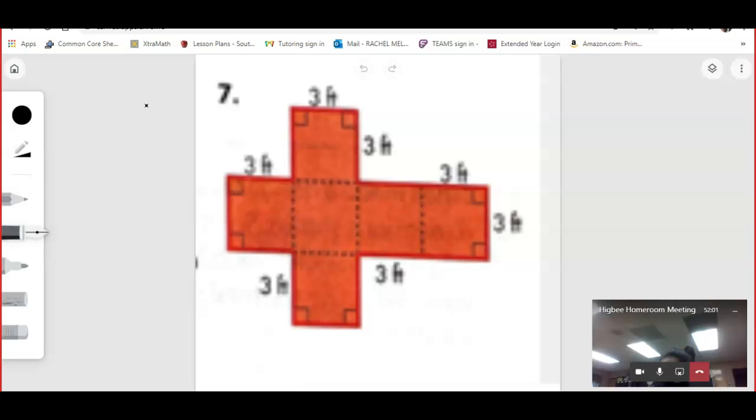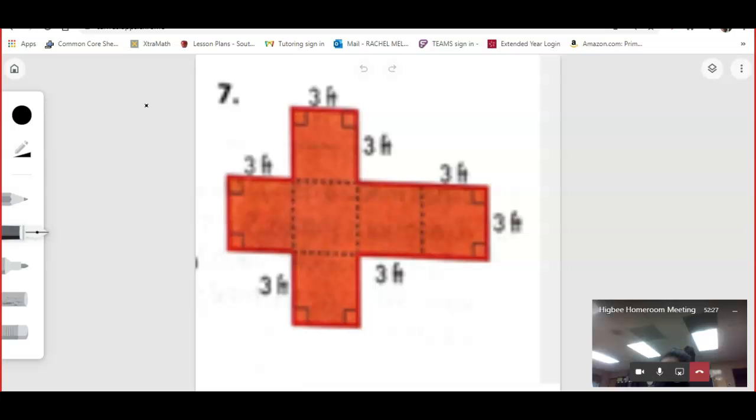Do I have to find the area of every single square and add them up? Nope. Okay, if I find the area of one square, can I multiply that times 6? Yes.